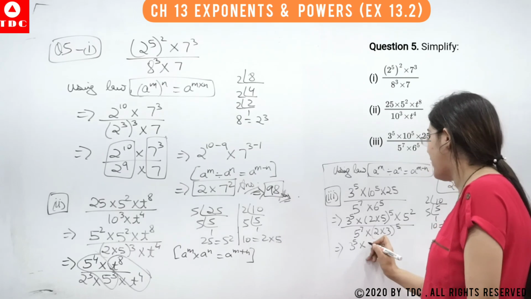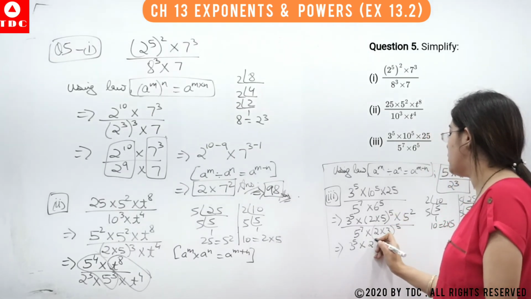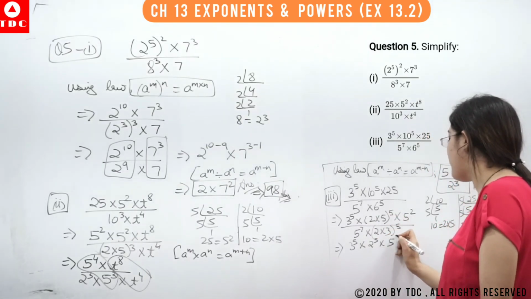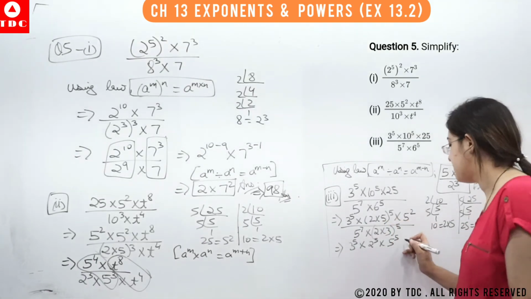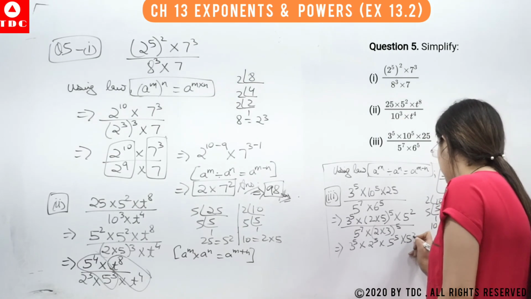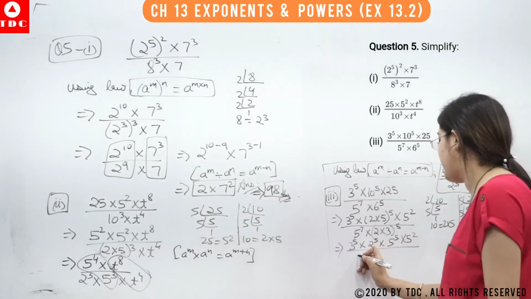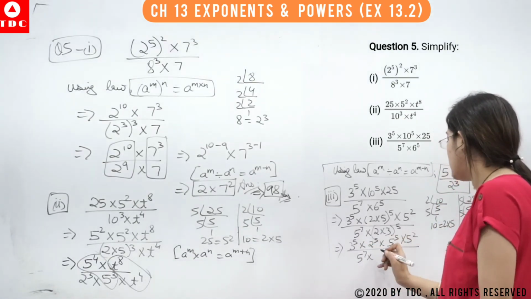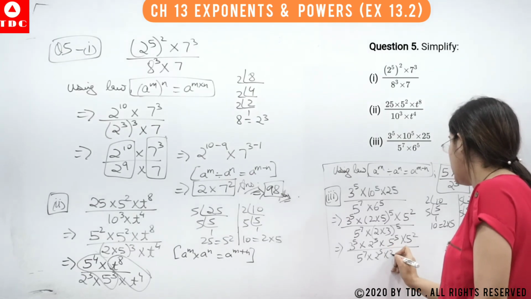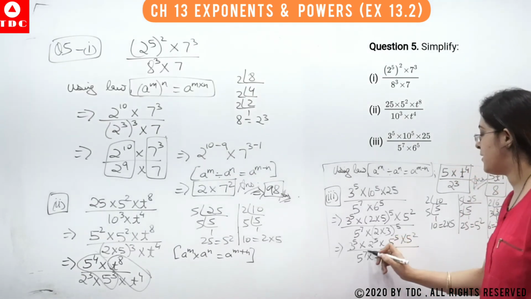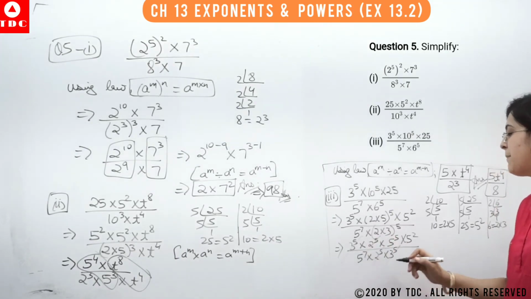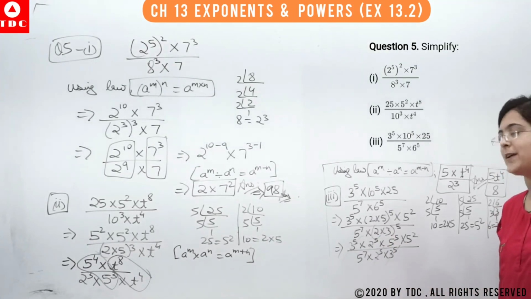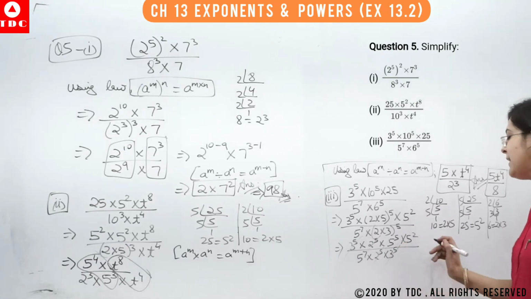Here it will be 2 to the power 5 into 5 to the power 5 because power 5 is with both the terms. Here also we will get 2 to the power 5 into 3 to the power 5. Now see, 2 to the power 5 and 2 to the power 5 got cancelled. 3 to the power 5 and 3 to the power 5 got cancelled.